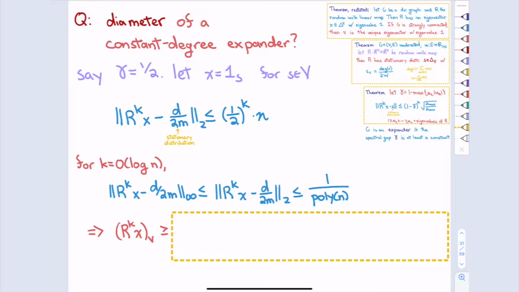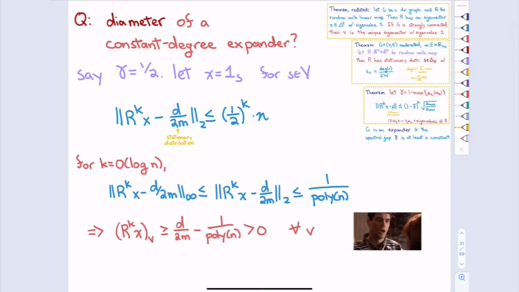More precisely, I want to argue it's at least 0, but why? So it has to be at least D over 2M minus something polynomially small in n, and that thing's at least 0, right?